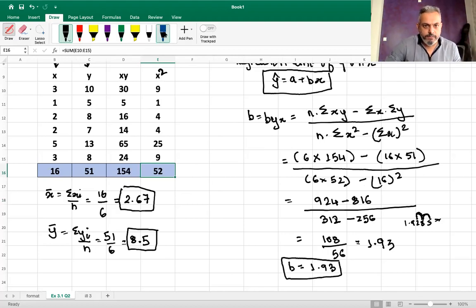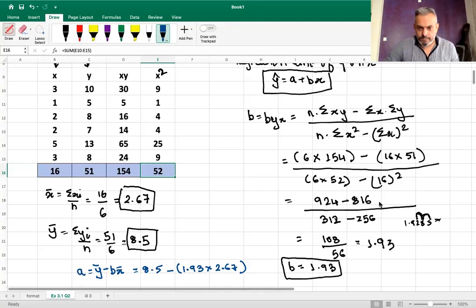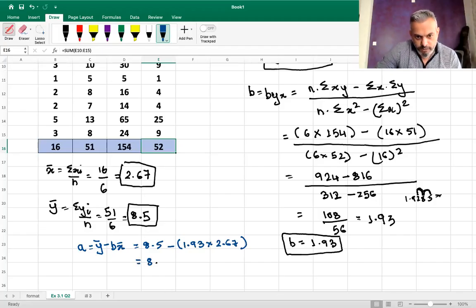Let's find out A. A is equal to Y bar minus B X bar, which is equal to Y bar is 8.5 minus B in the bracket 1.93 into x bar is 2.67, which is equal to 8.5 minus 5.15, which is equal to 3.35.